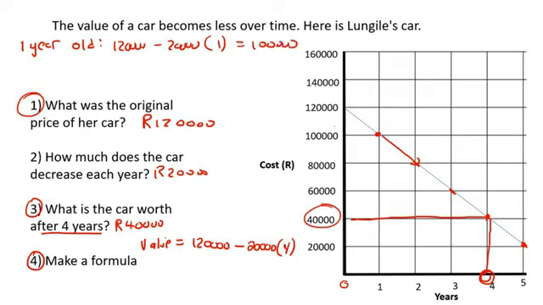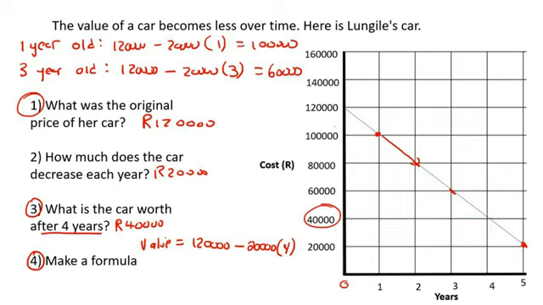Now, if it was 3 years old, then you would say 120,000 minus 20,000 multiplied by 3, because you're minusing 20,000 3 times, and that would give us 60,000, and that's exactly what the graph says. At 3 years, it must be worth 60,000. Okay, so this part here for the y just stands for number of years. So maybe we just put years like that.